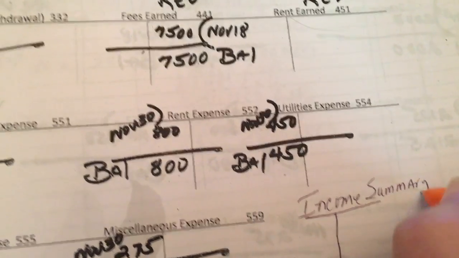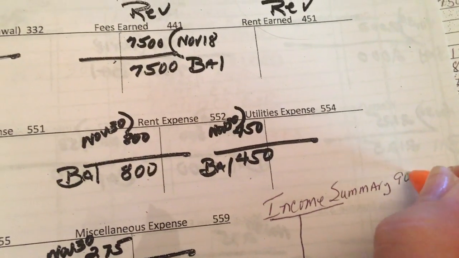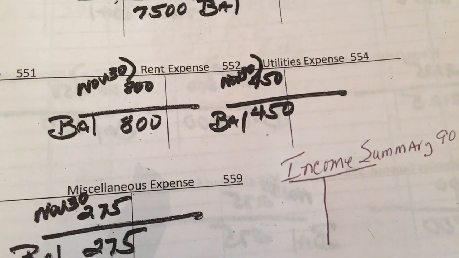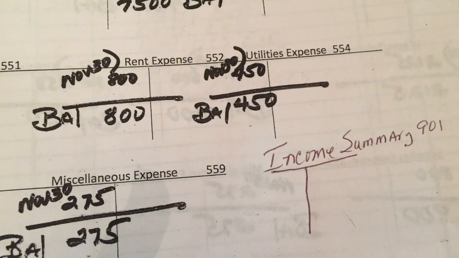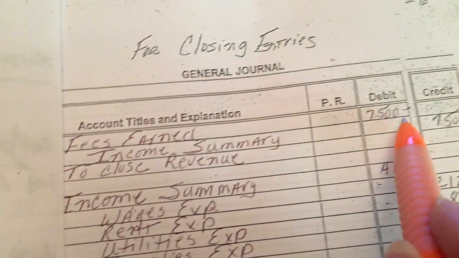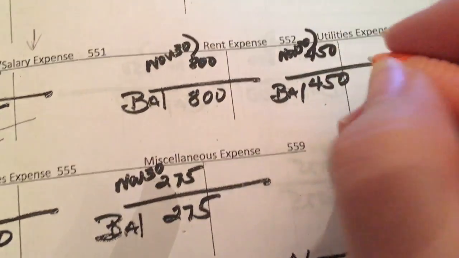And let's just, I think in the book they give it 901. It's a very temporary account. And let's just do the posting of those two just to see what the balance is. Okay, let's see what the balance is here.